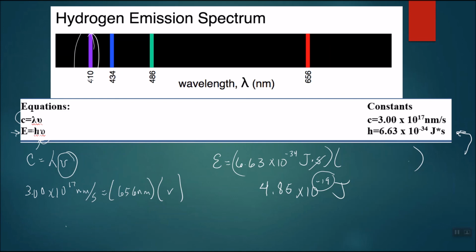If it's not to the 14th, I've done something wrong. It is to the 14th. So the frequency is 4.57 times 10 to the 14th per second.